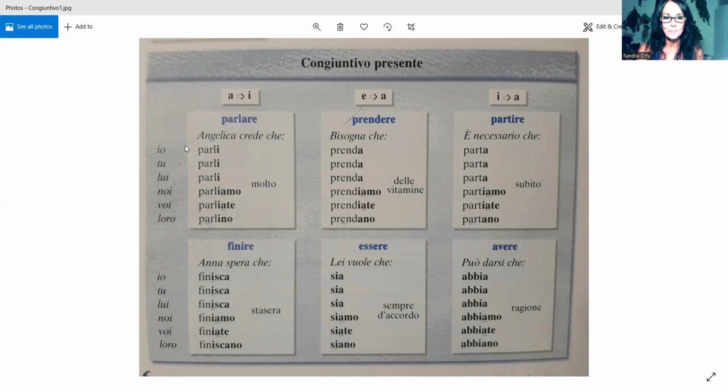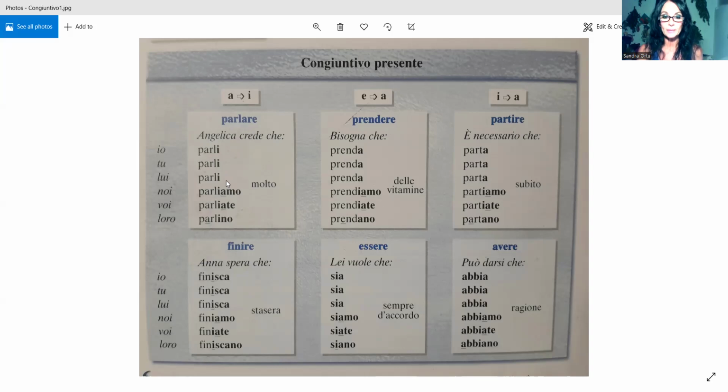So can you see that for the first three persons singular, we have exactly the same endings. We are dropping are as usual, and we are adding the letter i for io, tu, lui, lei. So first, second, and third person singular are just the same.